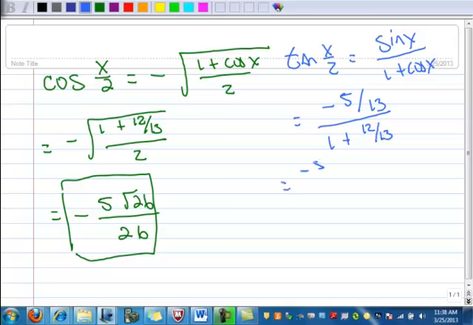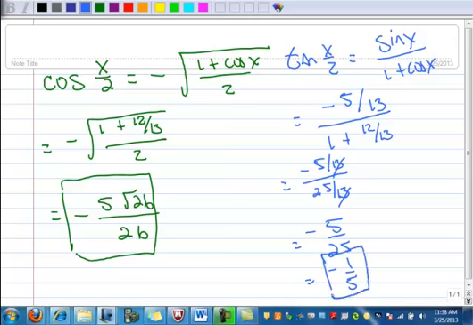The 1 can be 13 over 13, so when I add them together I get 25 over 13. Denominators are the same. There we go. So this becomes negative 5 over 25, which becomes negative 1/5. So there's your tangent of your half angle.